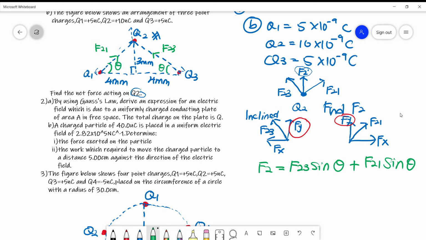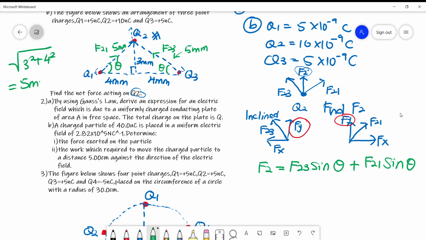Since the theta is not given by the question, we need to find it out ourselves. Based on the Pythagoras theorem, 3 squared plus 4 squared is actually 5, so this is 5 millimeters. Same goes to this one, which is 5 millimeters.